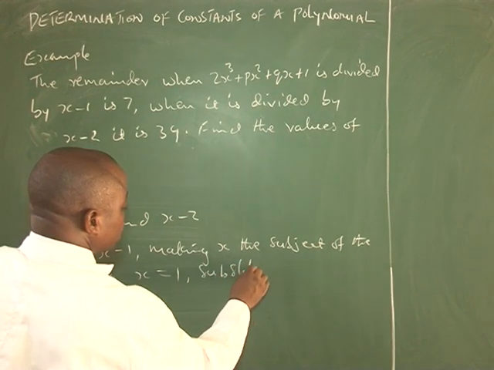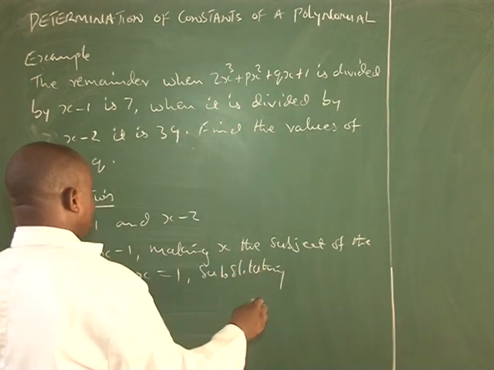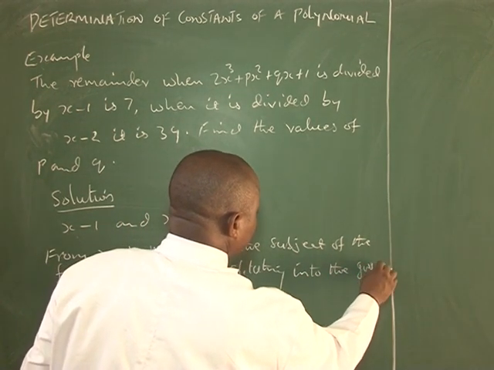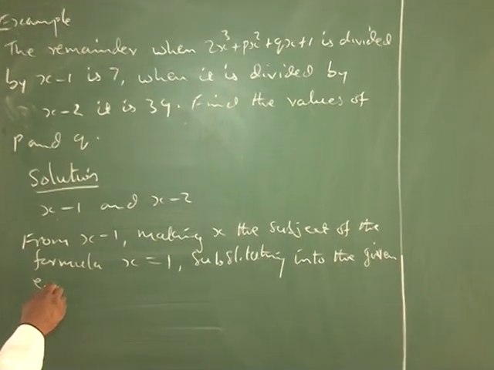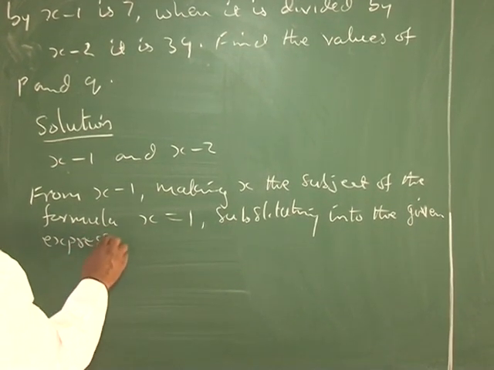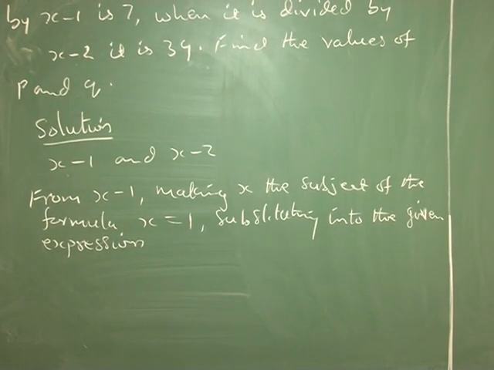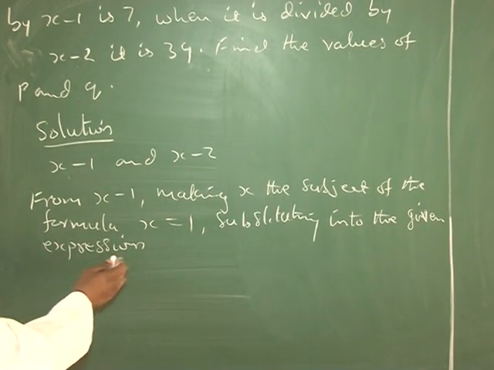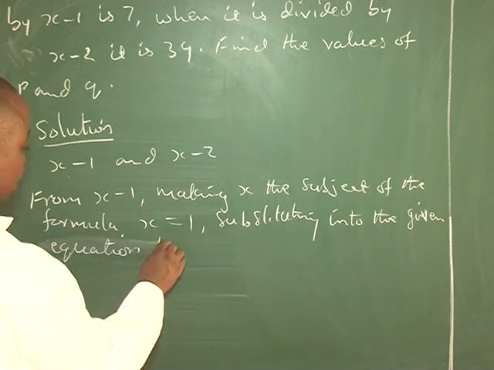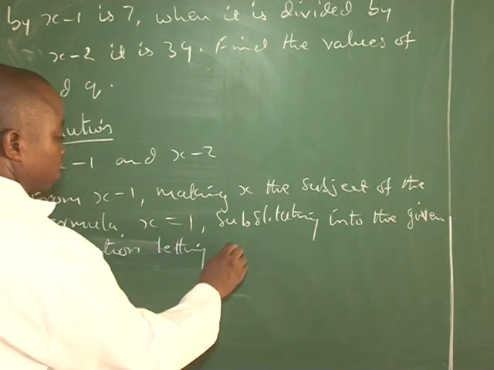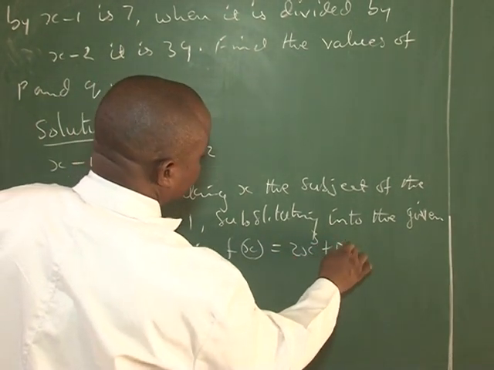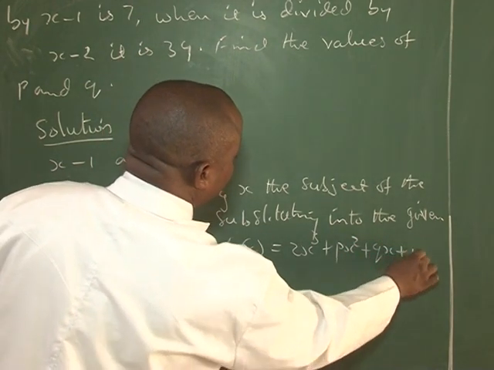Now, substituting into the given equation, the given expression, the given equation, letting f of x equal to x cubed plus px squared plus qx plus 1.